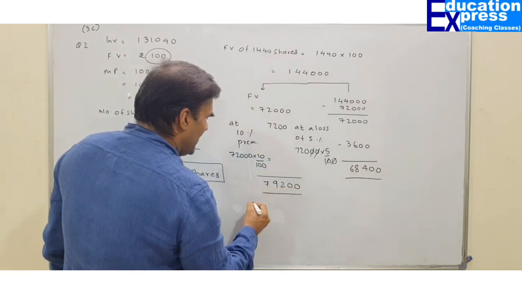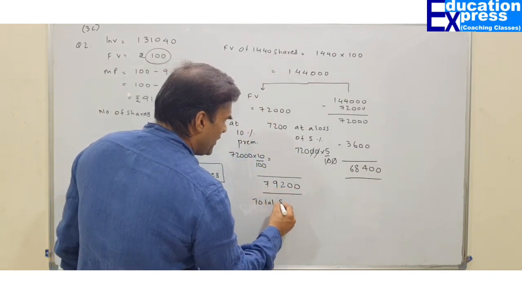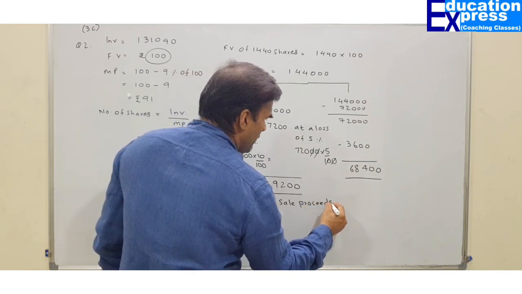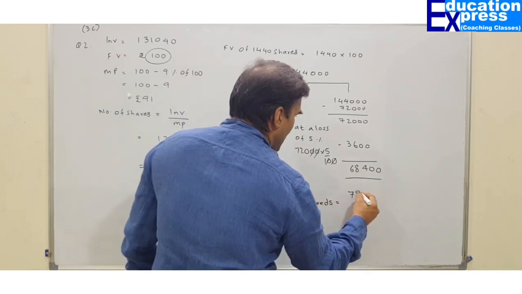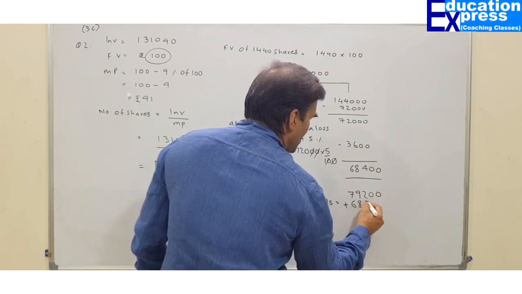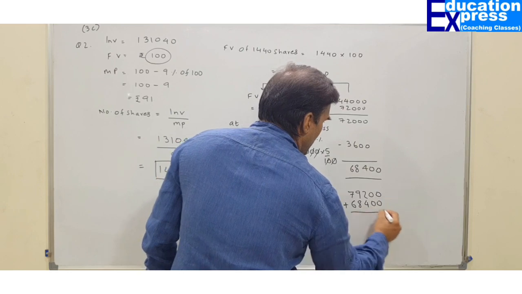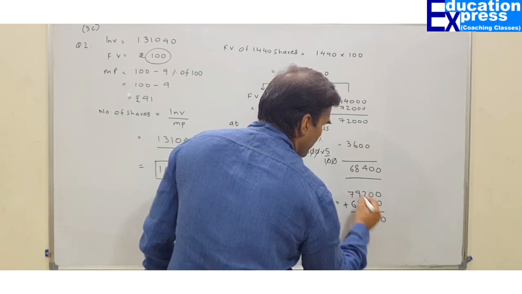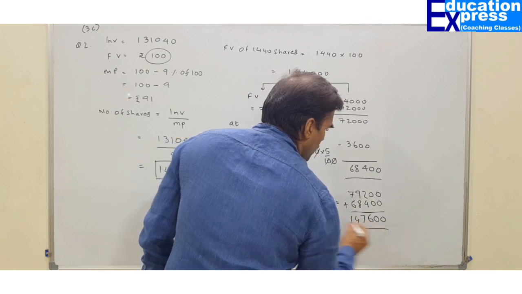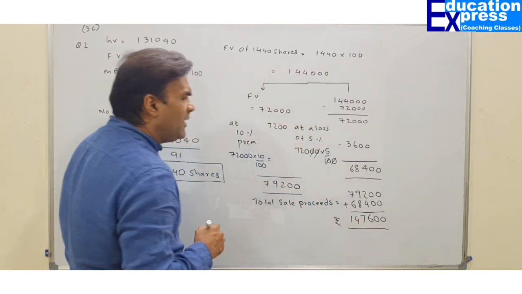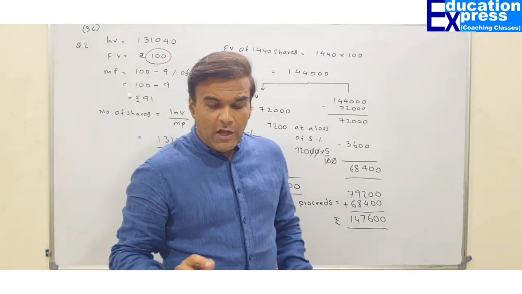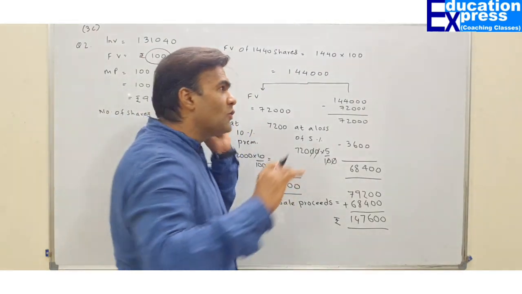So my total sale proceeds would be 79,200 plus 68,400. So my total sales would be rupees 1,47,600. They are asking us to find out the total gain or loss.